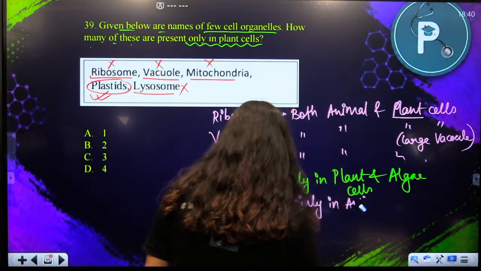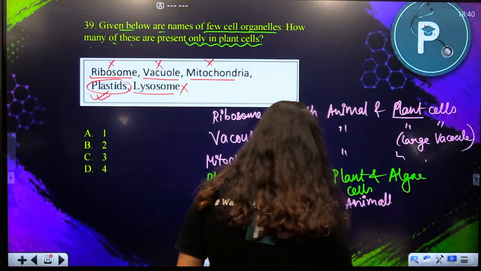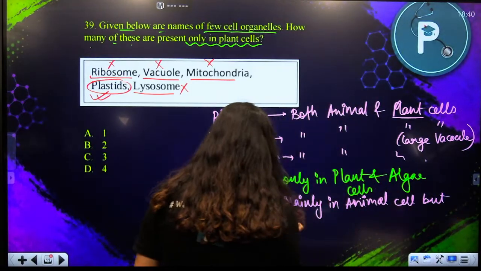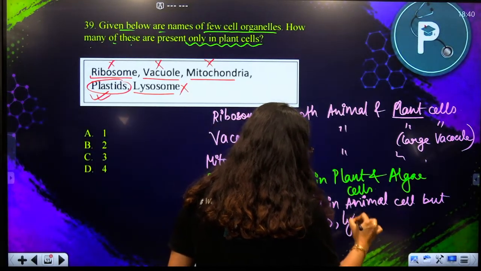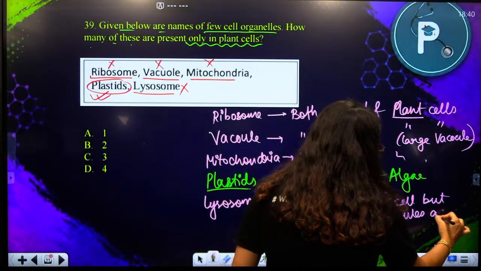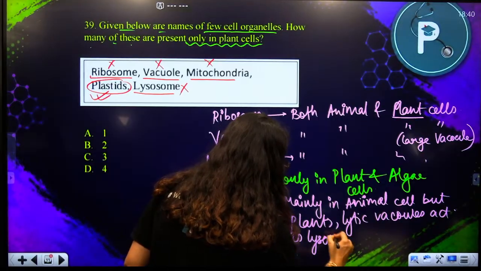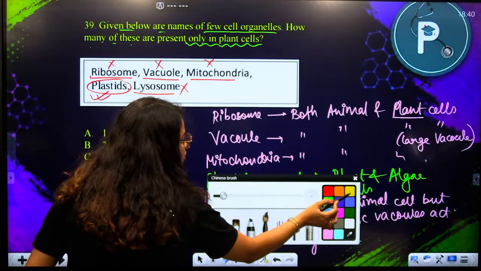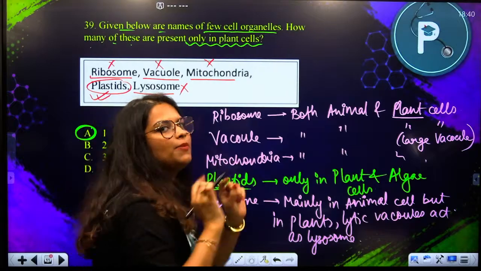So let me write it here, mainly in animal cells, but in plant, lytic vacuoles act as lysosome, right? Okay, so we have found our answer, and that is only one of them. Only one is correct, only one present in the plant cell.